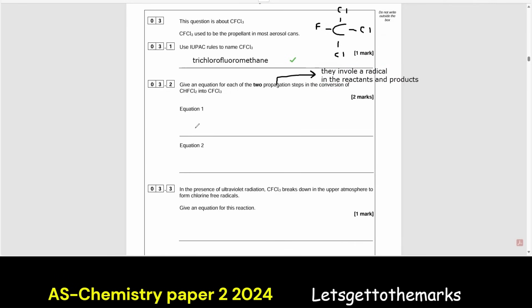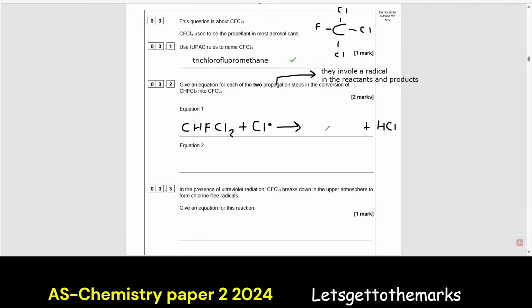So we know one of the reactants is CHFCl2, right? And what's it going to be reacting with? Well, we're trying to add another chlorine on, so we're going to bust out a chlorine free radical. What's going to occur here is that the chlorine is going to steal this H and form HCl.